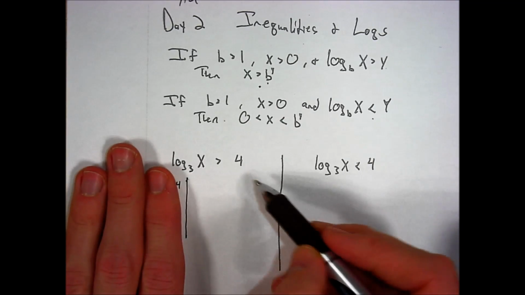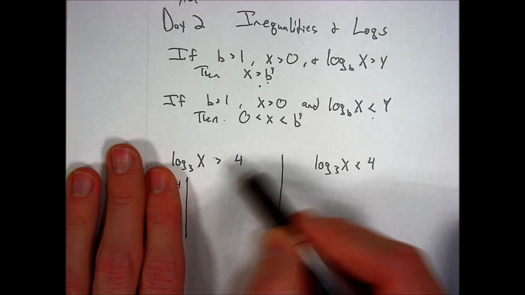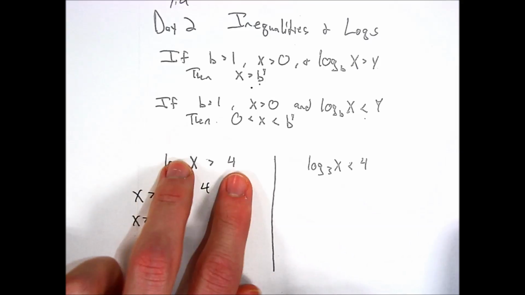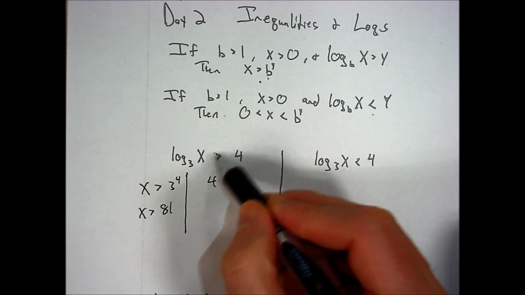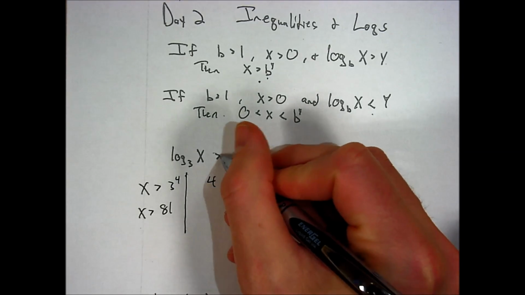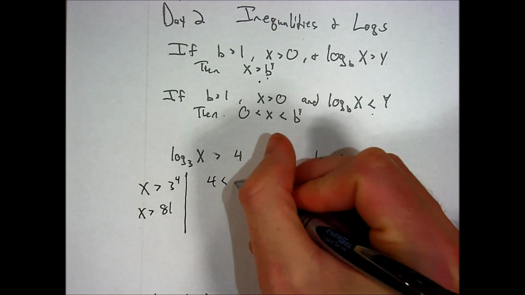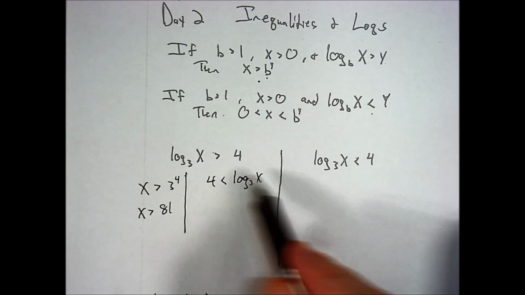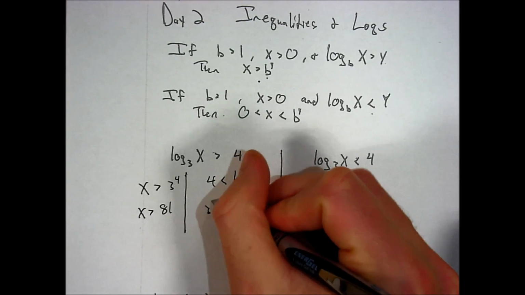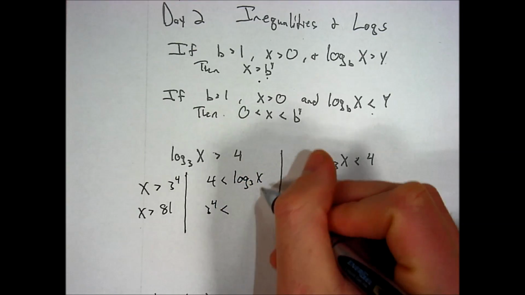Well, I'm going to try to do it how we did it with the equal signs. We're going to flip it around, and now when I flip this around, to flip it around correctly, I need to flip that with it to make sure that the little end is pointing at the 4. Okay, so 4 is the power of 3, so 3 to the 4th is less than x.